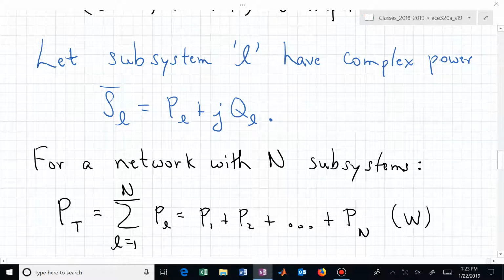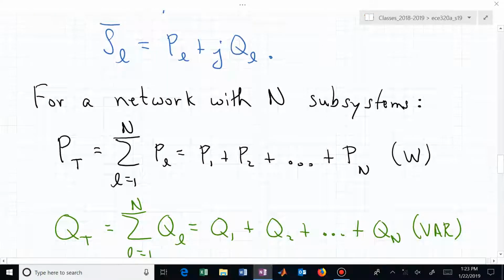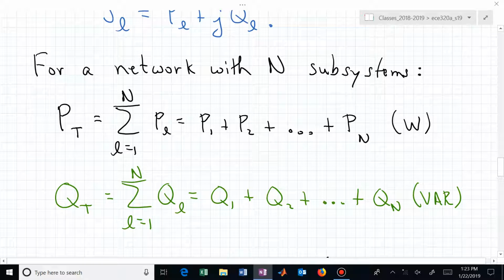Well, we can actually find all of the real powers for each of those individual loads and add those up. We have P sub 1 plus P sub 2 on up to plus P sub n. We can then compute the reactive parts, and we need to make sure that we're doing this algebraically. Depending on if it's inductive, it would be positive Q. If it's a capacitive reactive power, it's negative, but we keep the algebraic sum in mind when we're summing up these reactive components.